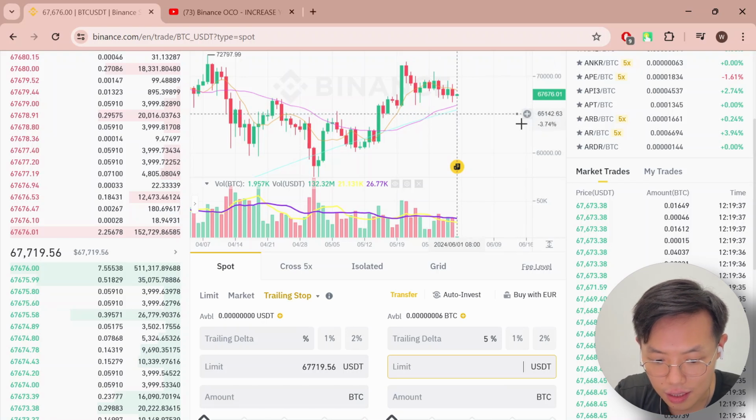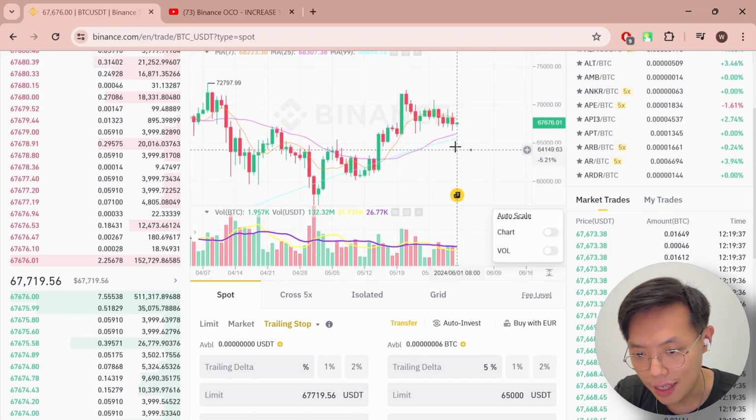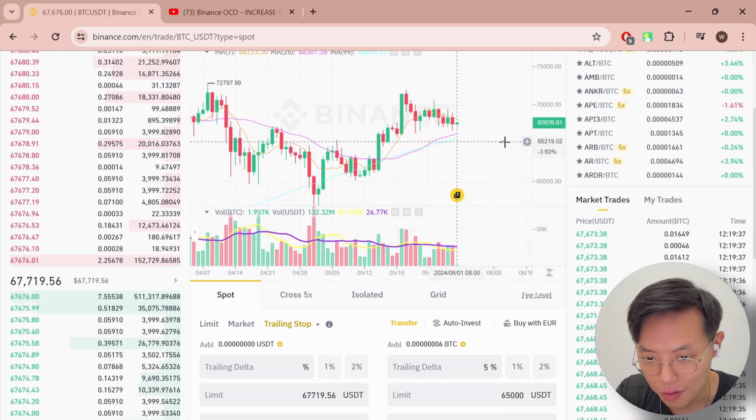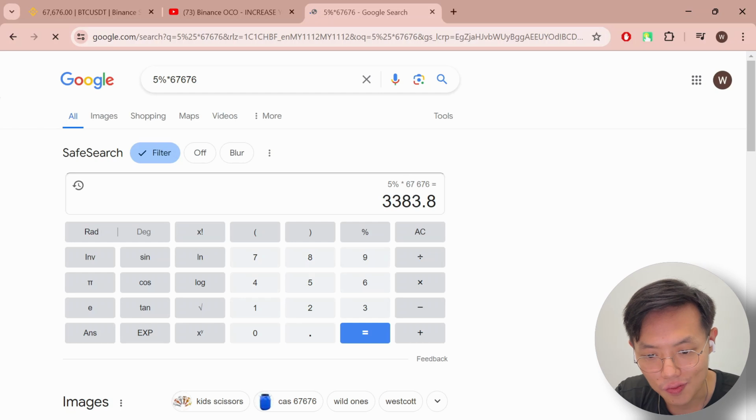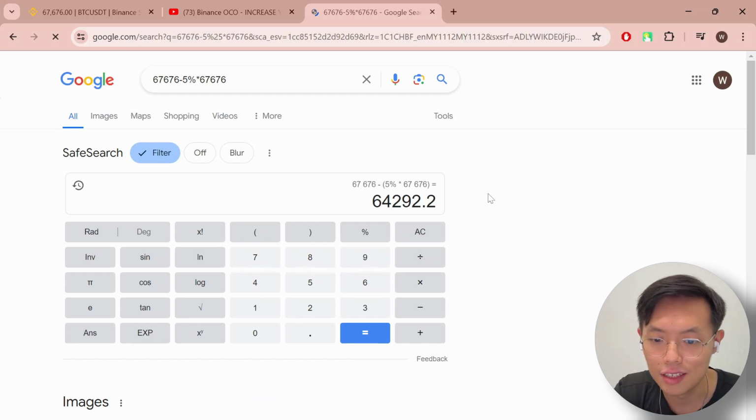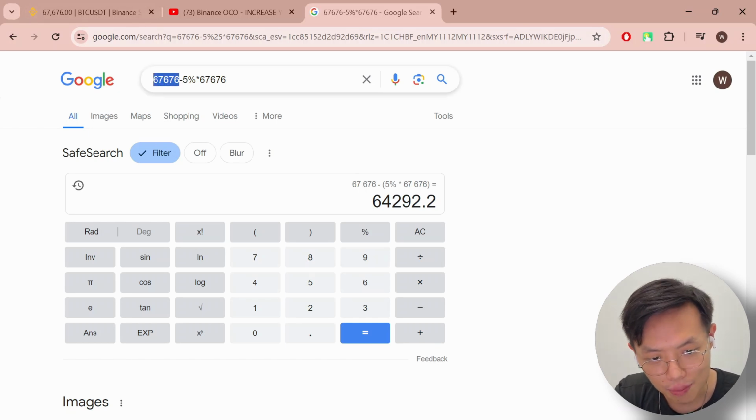So let's say I want to set it at 65K. You will either hit your limit, right? Or you hit your trailing delta. 5% of the market price, let's see, right? So this is the 5%. So you use the current market price minus 5%, which is your trailing delta, right?